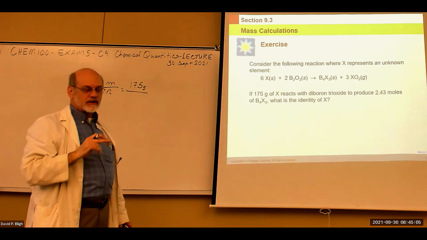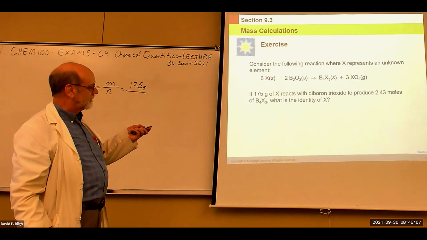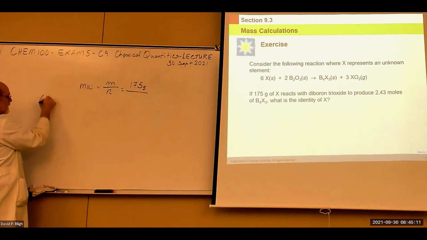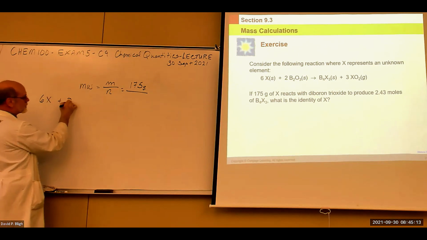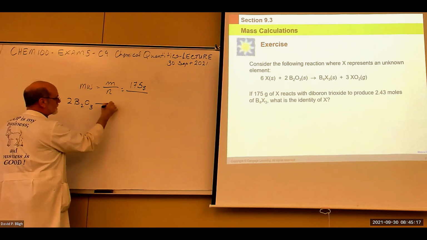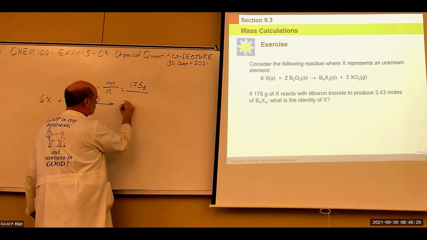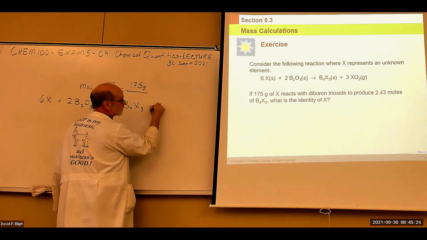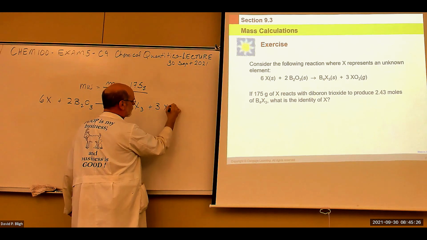So can we determine the moles of X? Well, let's look at this. We have this relationship, 6X plus 2 B2O3 yields B4X3 plus 3XO2.